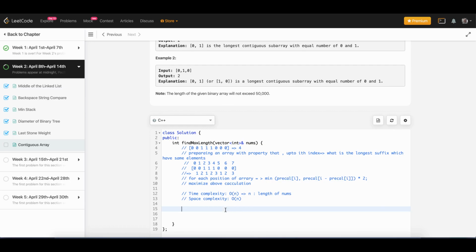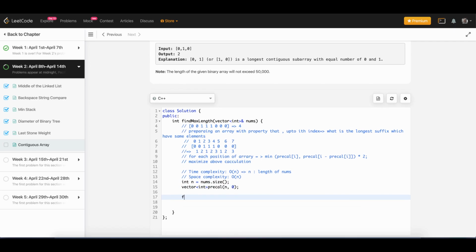Now let's implement this. Let's define a vector int pre-cal, which is of the same length with value say 0. Now let's define n, which is nums dot size.